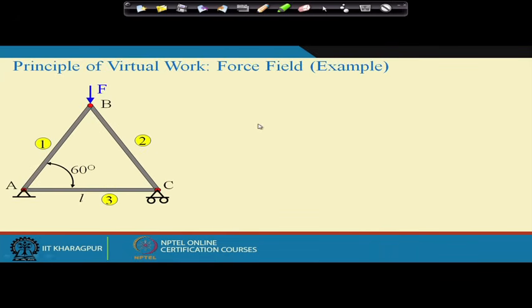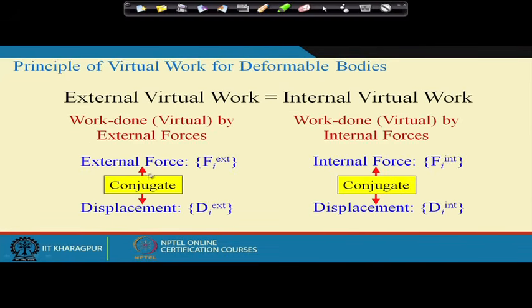Before we actually go further in deriving the expression of the principle of virtual work, let us understand what we mean by external. There are four parameters involved here: external force, internal forces, and the external displacement and the internal displacement.